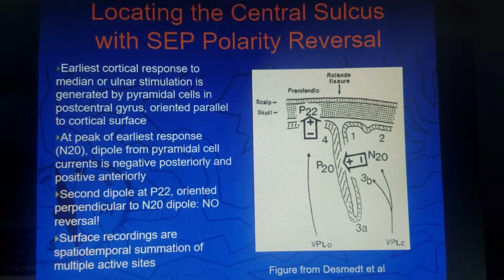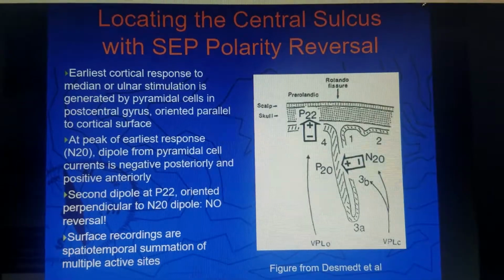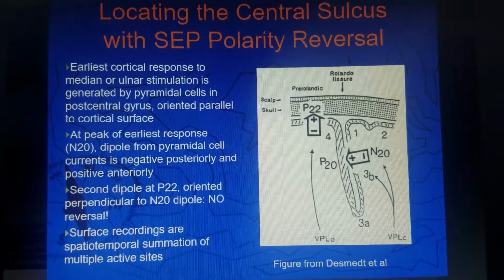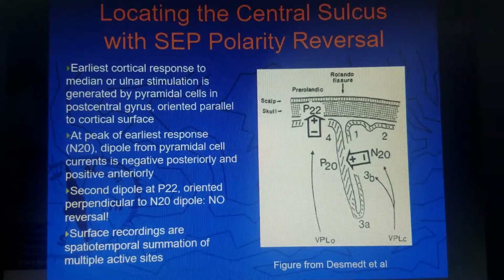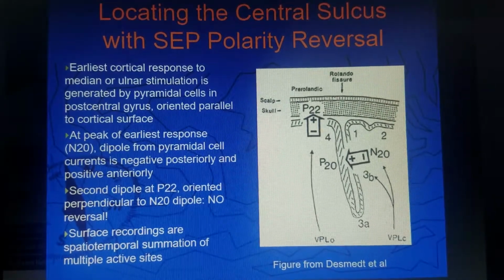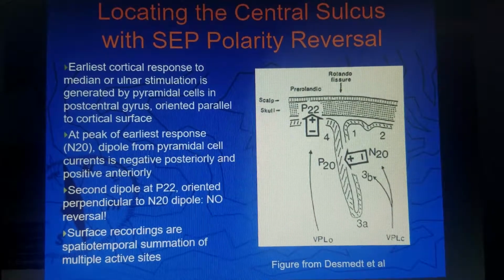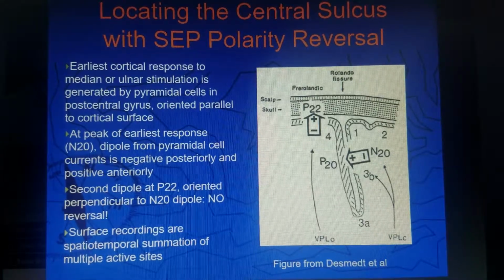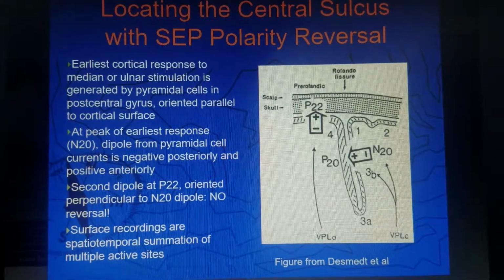diagram from one of my mentors, the late great John Desmet, Belgian neurologist, who was one of the people who figured out a lot of what we know about the generators of somatosensory evoked potentials. So what we're looking at on the right is an axial section through the somatosensory cortex at the level of the central sulcus, with posterior to the right, anterior to the left.